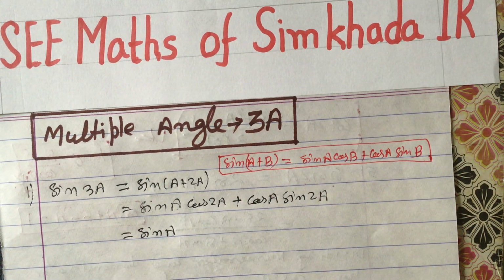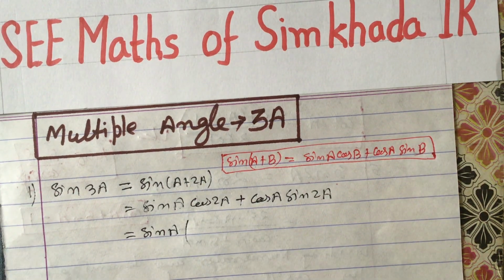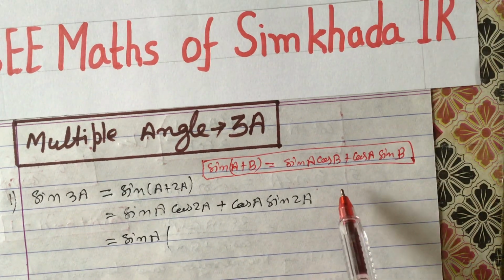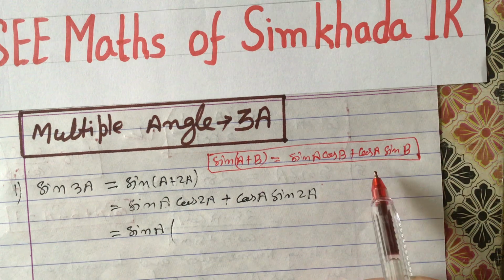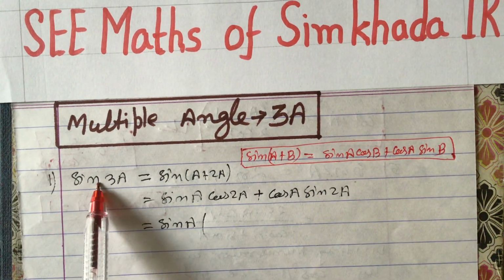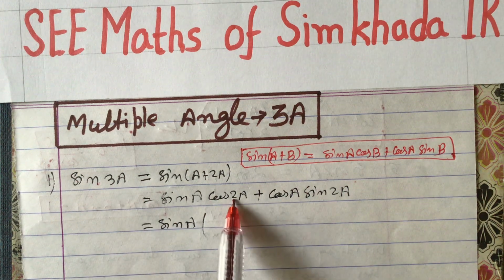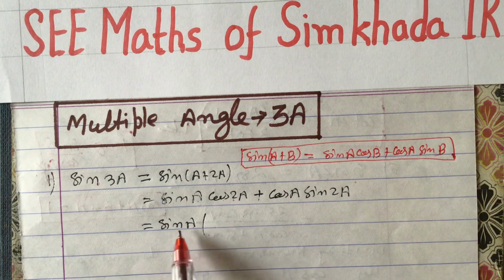Now the cos 2A formula we have to apply. We have three formulas for cos 2A: cos square A minus sin square A, 2 cos square A minus 1, and 1 minus 2 sin square A. But listen, we are going to derive the formula for sin 3A, so we need to apply the formula of cos 2A in terms of sine, because here is a sine.